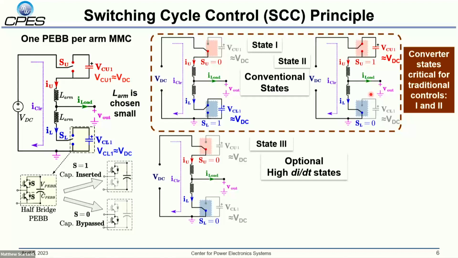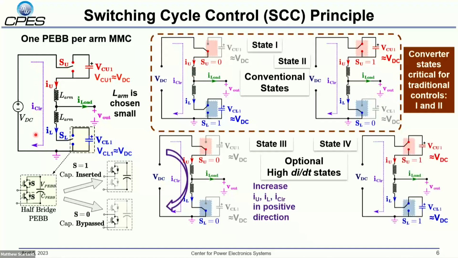The idea here is that if you bypass the two capacitors, you can create a very high current in either direction. So in this case, if you bypass both of them, you create a higher di/dt, which allows you to change IU, IL, and ICIR, or circulating current.